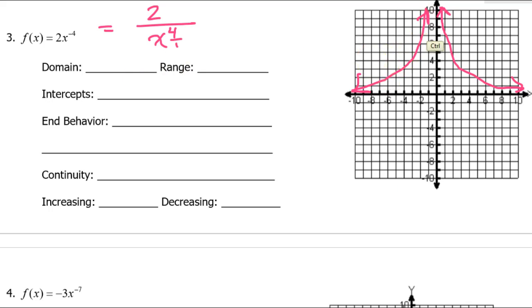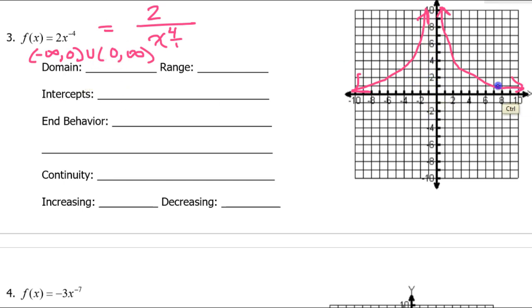So the domain, because of the vertical asymptote, I'm going to have to split the domain into 2 parts. So the domain is going to be from negative infinity to 0, union 0 to infinity. Okay, the domain does not include 0, so I have to leave 0 out very carefully.